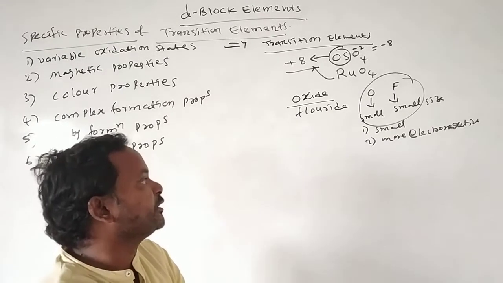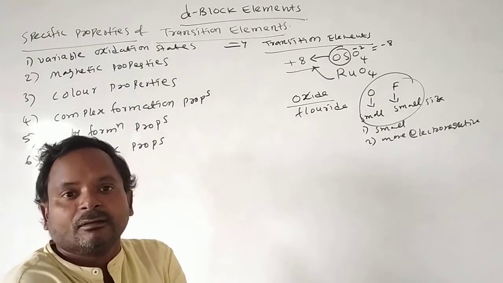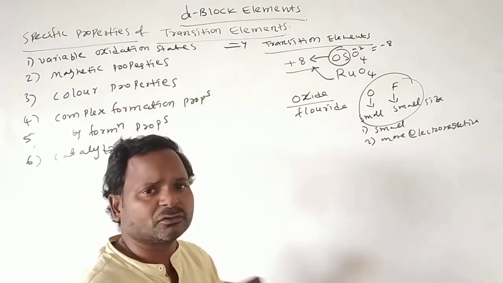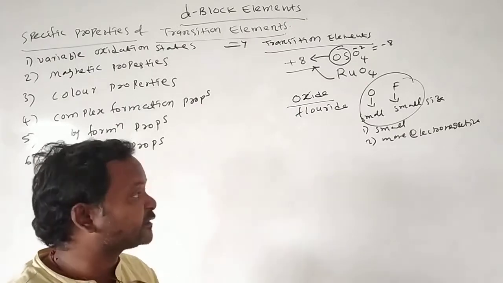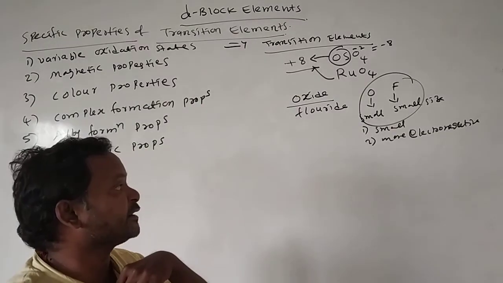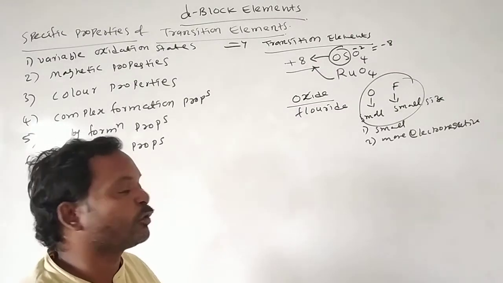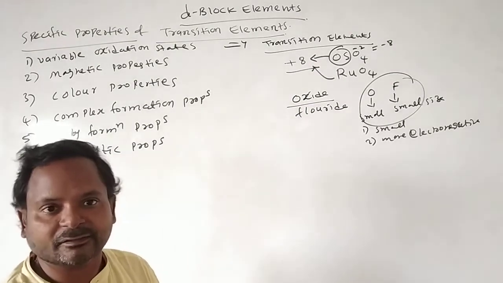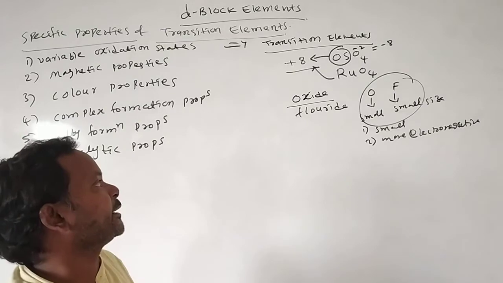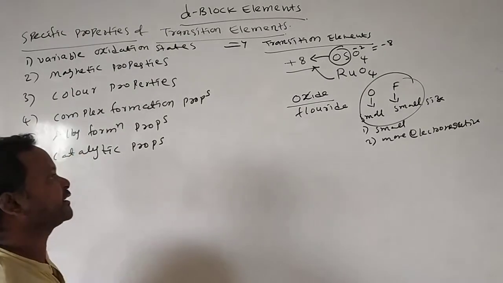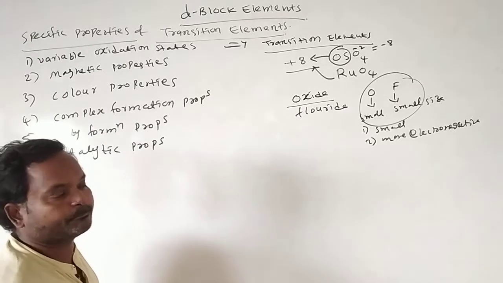Those available in fluoride form and oxide form, due to only two reasons: the small atomic size of fluorine and oxygen, and the more electronegativity of fluorine and oxygen. That's why these exhibit the highest oxidation state in oxide form or fluoride form.